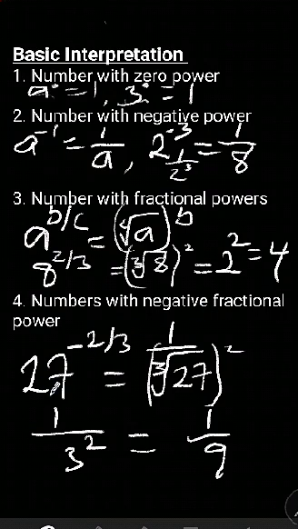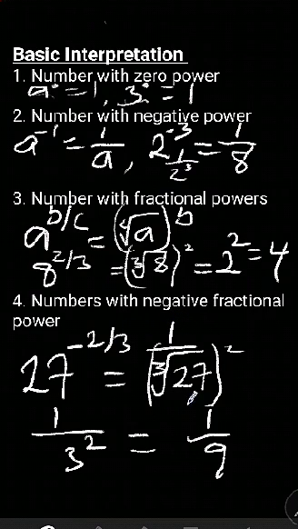So we have numbers with negative fractional powers. So we have 27 raised to power minus 2 over 3, and this one is the combination of the rules above. Don't forget this negative is taken as reciprocal of everything. So we are left with 27 raised to power 2 over 3 as the denominator, while 1 is the numerator.